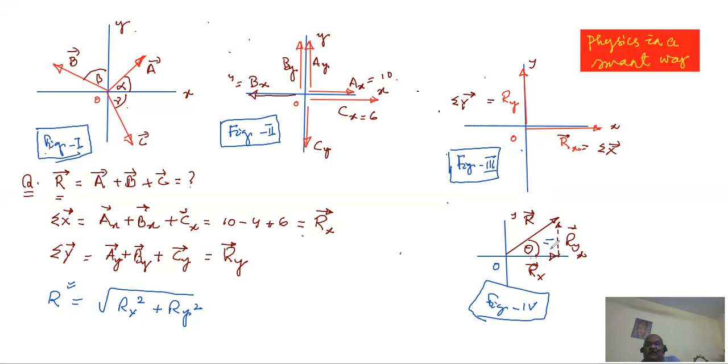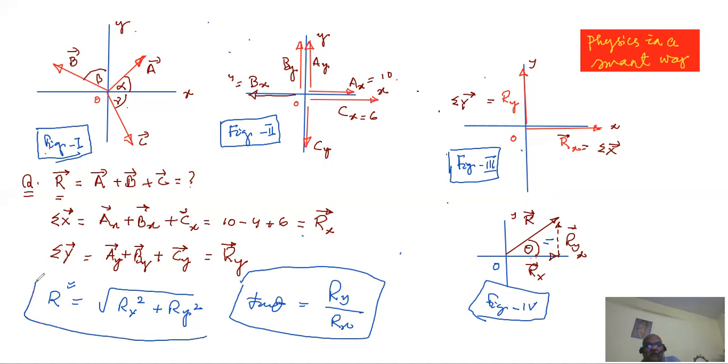If we consider this triangle and consider tan theta, we know that tan theta comes out as Ry by Rx. So these last two steps give us the magnitude and the direction of the resultant. That is the way with the rectangular components.